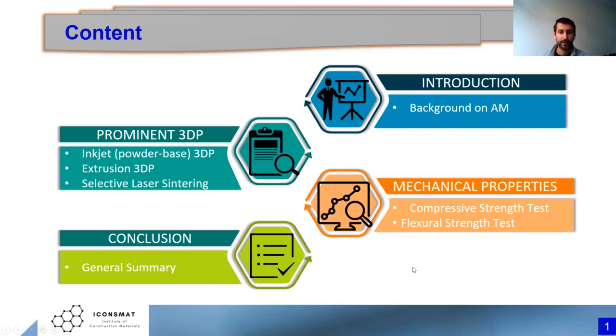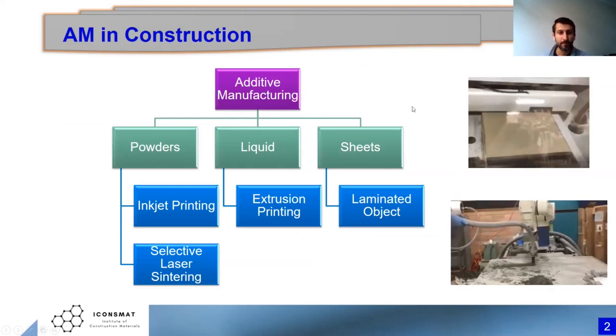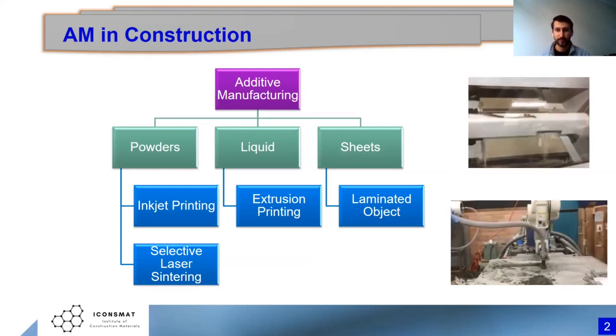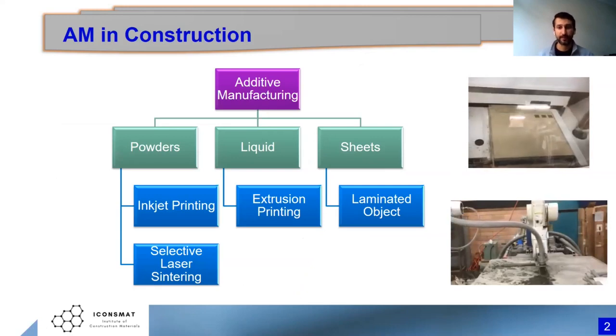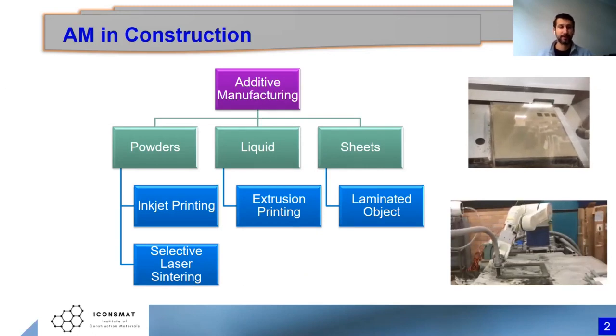First of all, if we are talking about additive manufacturing itself, it's divided into 3 types according to the material properties, because how the material acts is very important in additive manufacturing, whether it's a liquid, a sheet, or a powder.